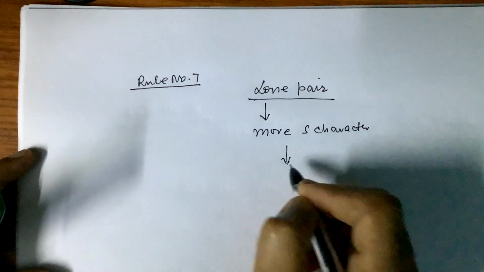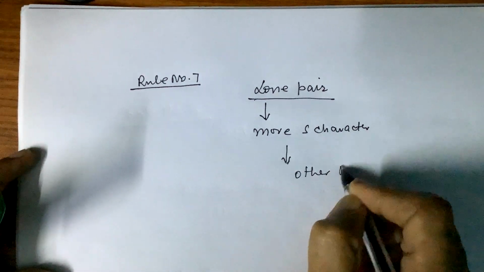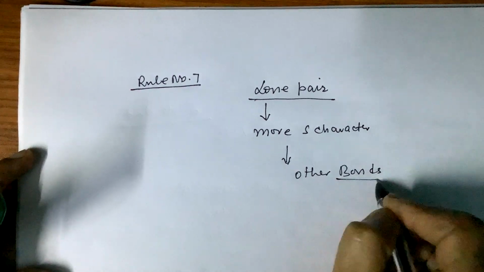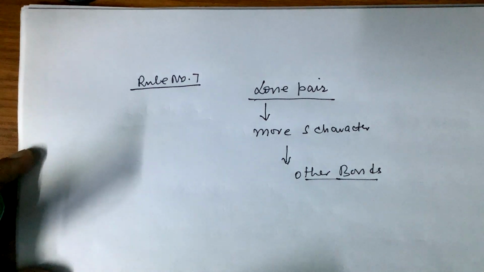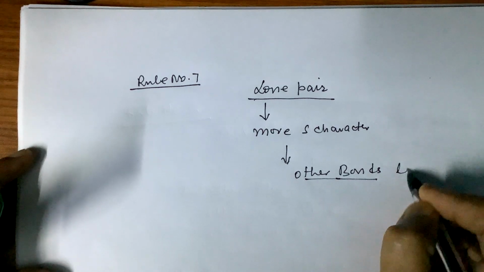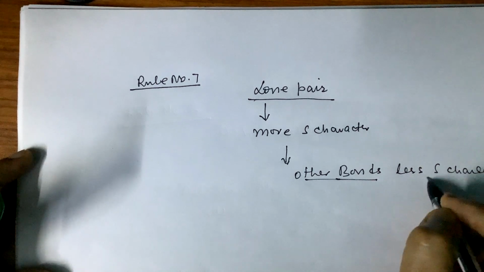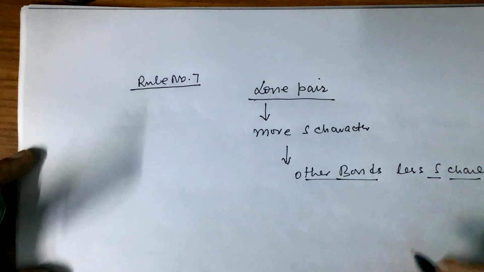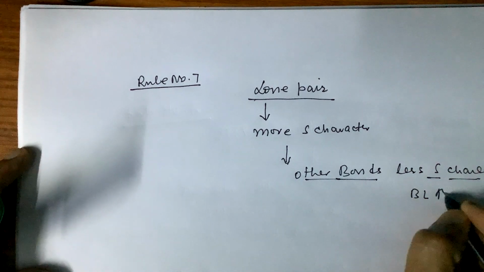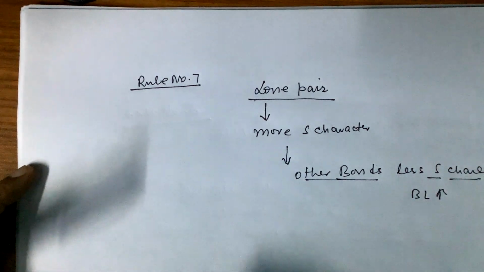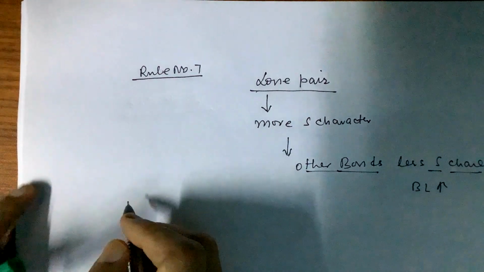The other bonds in the molecule have less s character. When they have less s character, then their bond length will be more. See how? We have an example here.